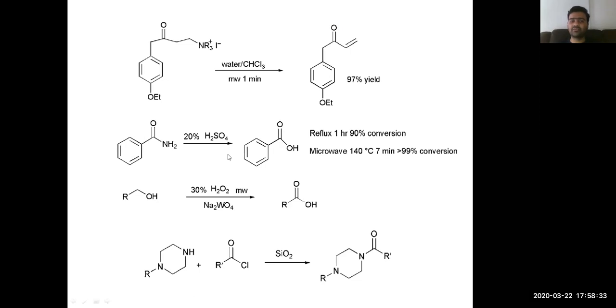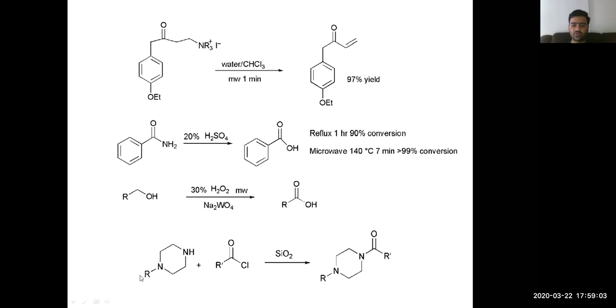Other examples are converting amides to carboxylic acids, in which conventional methods require refluxing for 1 hour to get a 90% conversion, whereas in the microwave method, in 7 minutes we can get greater than 99% conversion. You can convert primary alcohols into acids directly by using 30% hydrogen peroxide in the presence of microwave, and sodium tungstate as another oxidizing agent over here.